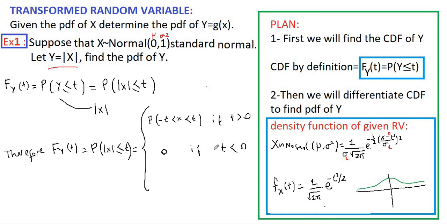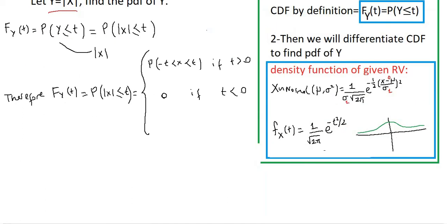We know that absolute value cannot take a negative value, so if t is less than 0, then it is 0.